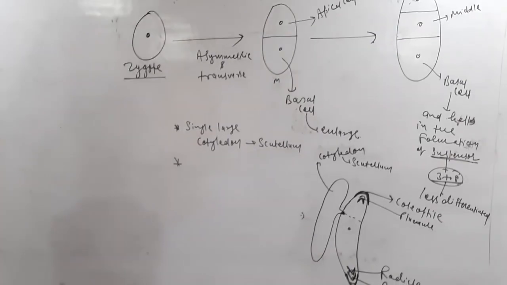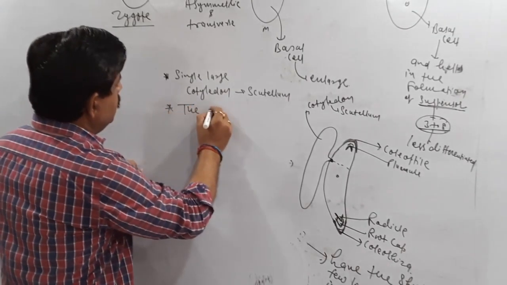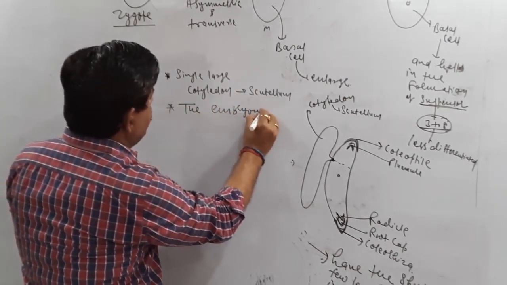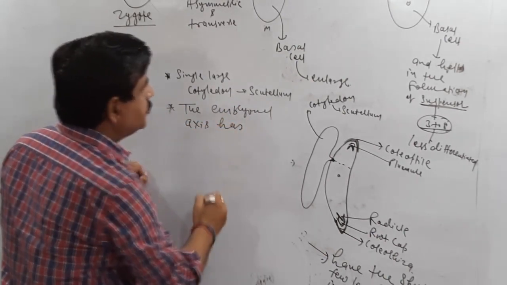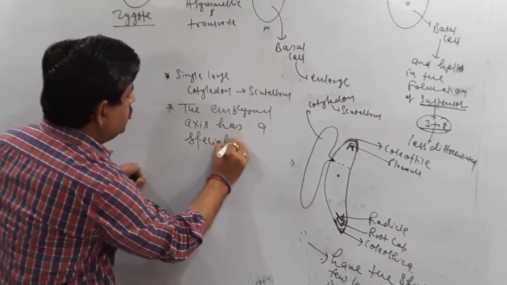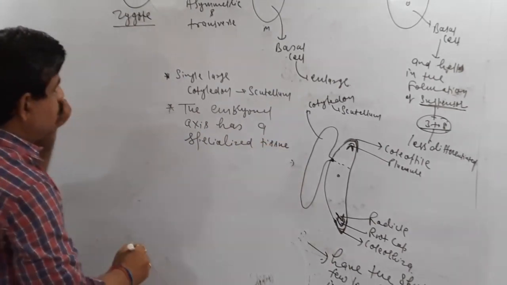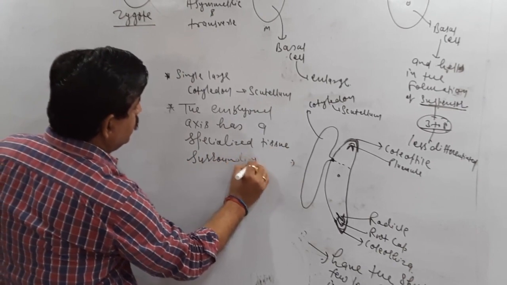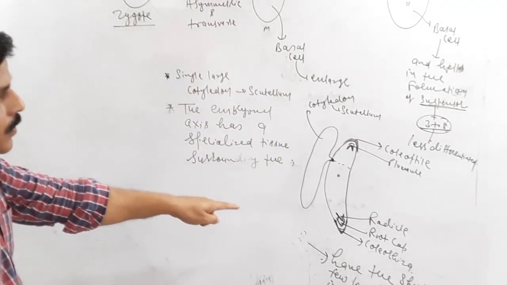Now the second point, in the case of monocot, the embryonal axis has a specialized tissue surrounding the shoot and root tissue.